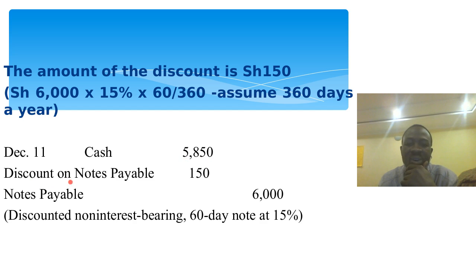And then you also debit the discounts on notes payable, which is again 150. And then you will credit the notes payable, which is 6,000, the total amount. Remember, the 150 is just a discount.